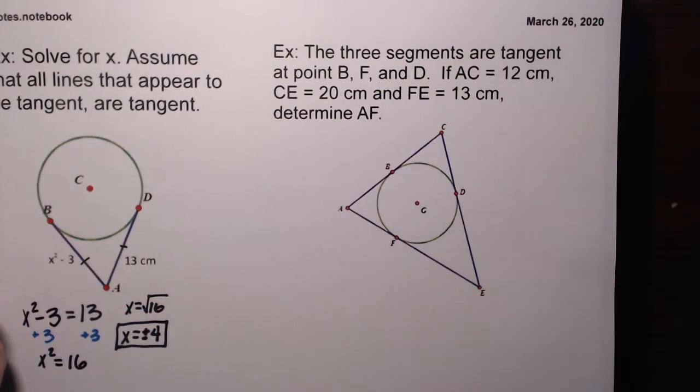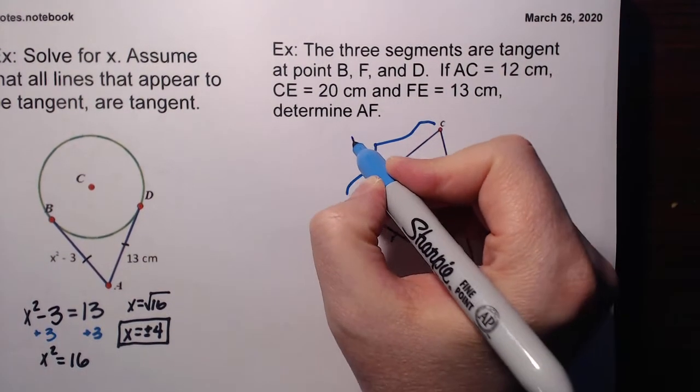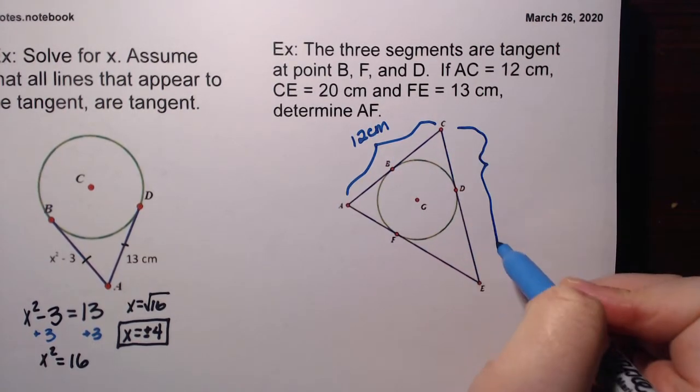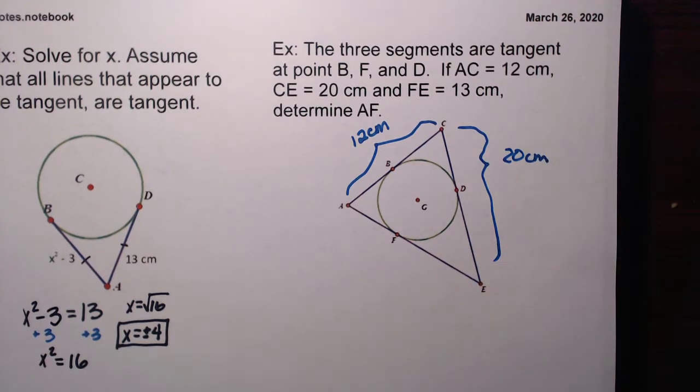On the next one, it says the 3 segments are tangent at points B, F, and D. If AC is 12 centimeters, so it's talking about this entire length, CE is 20 centimeters, and FE is 13 centimeters.